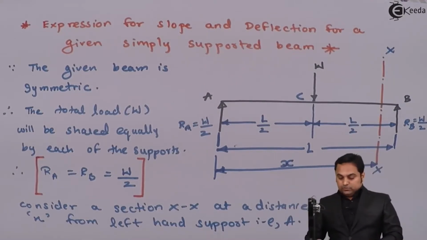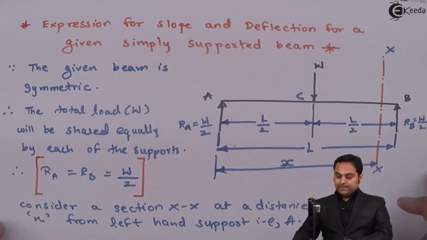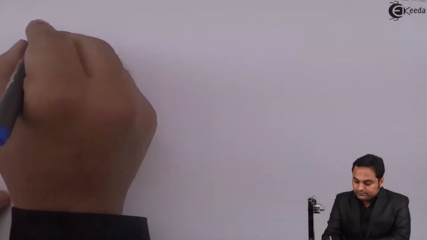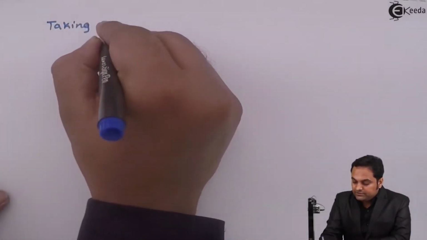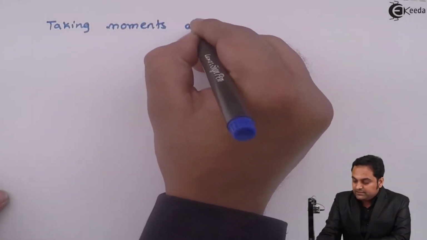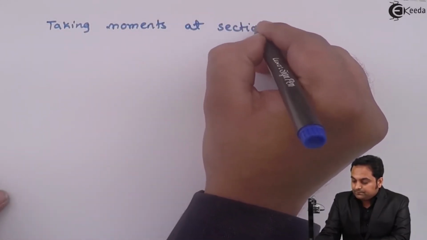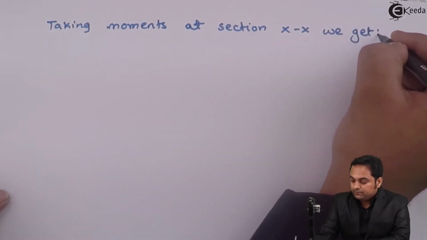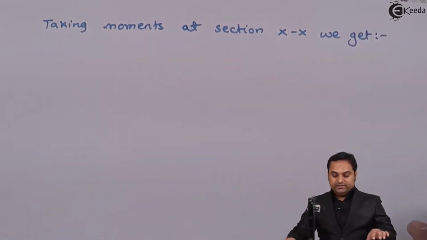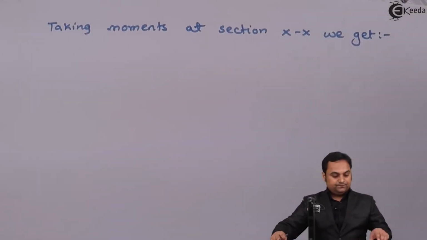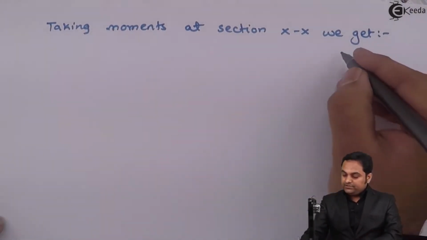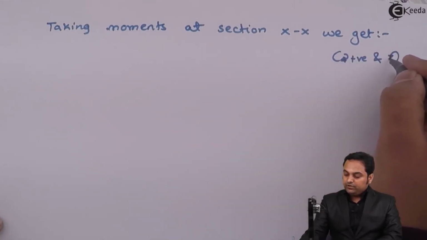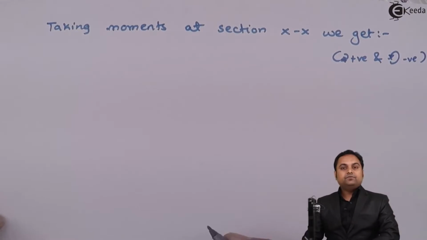So now once I have taken the section, taking moments at section XX, we get, now when we are taking the moments, the consideration is clockwise moment positive and anti-clockwise moment negative.